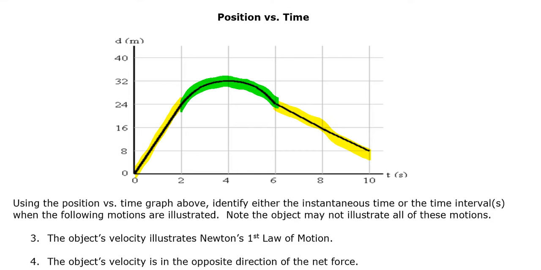So the first question is, the object's velocity illustrates Newton's first law of motion. First law of motion is when the object is either at rest or in constant motion. So, right, this is constant, and this is also constant.